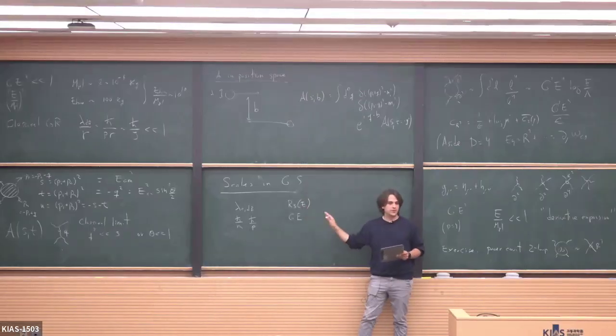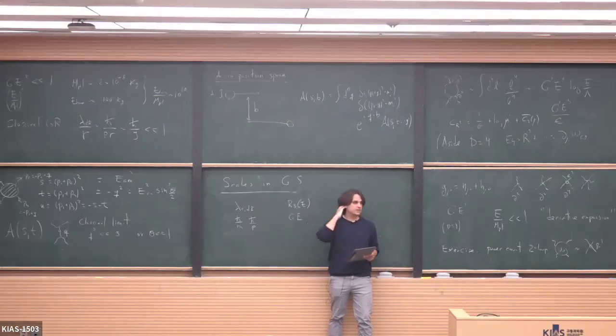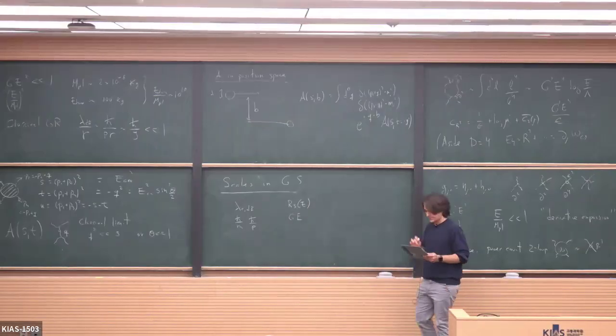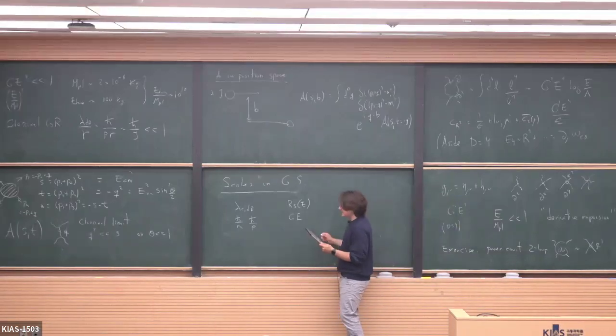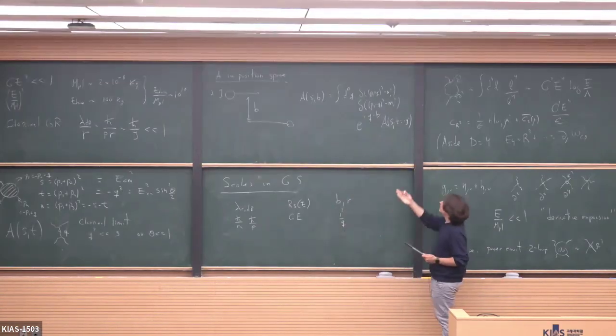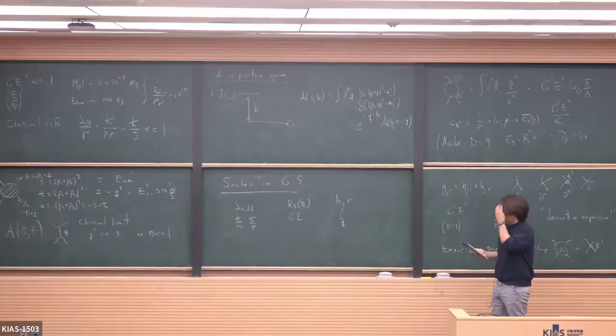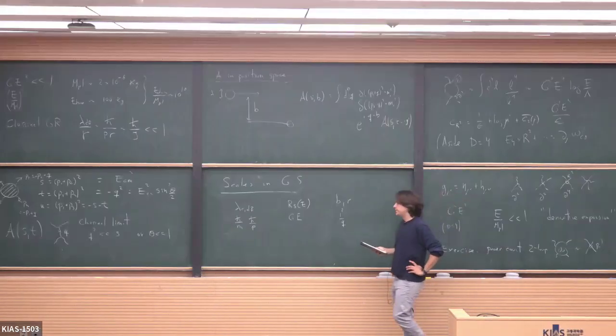Okay, so now it's in 4 dimensions, otherwise this is the Schwarzschild radius to some power that depends on the dimension. And then the last scale is just b, or r, which we said is kind of 1 over q, because I want the exponent there to be order 1. Right?